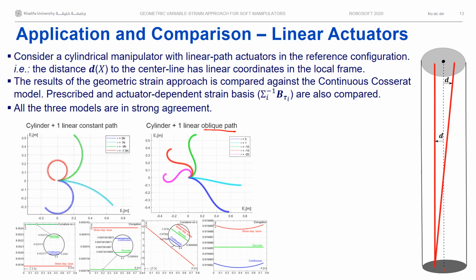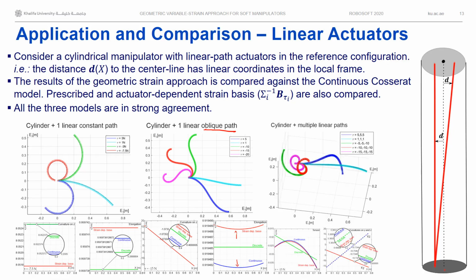In this case, again, all three models are able to reproduce the symmetric shape in the same way. However, it's interesting to note that although the curvature is linear, the elongation is not linear, and this is well captured by the continuous Cosserat model and the trivialized model.